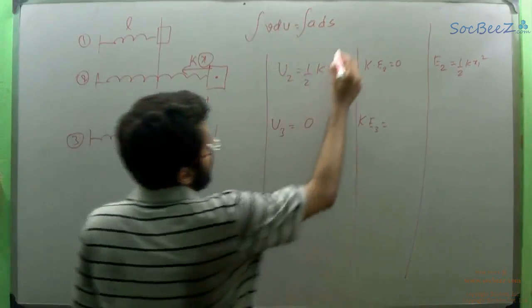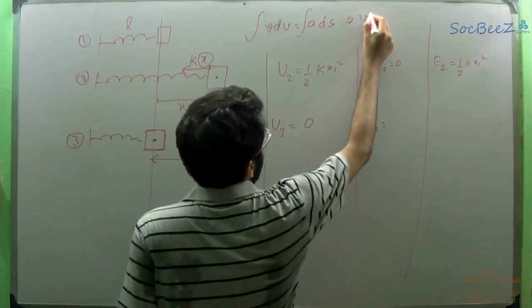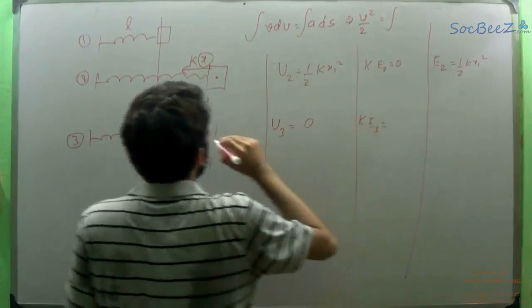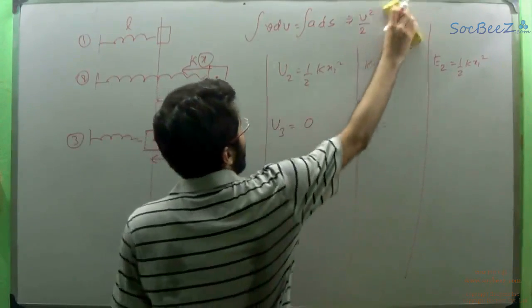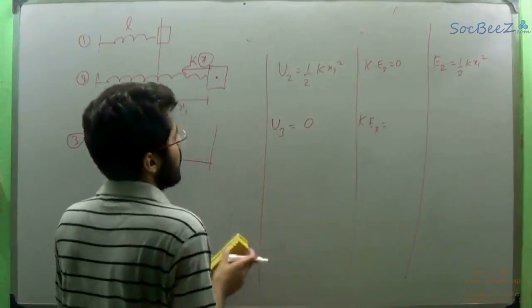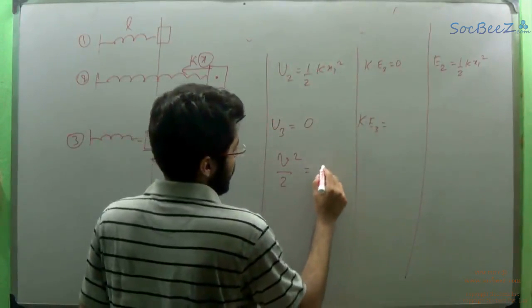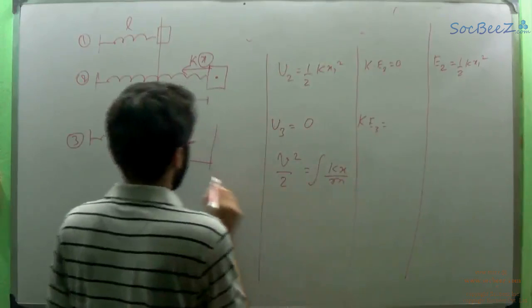So initial velocity is 0 at this point, so it will be just v square by 2. And what is a? A is not constant, so it cannot be taken out of this integration sign. So it will be v square by 2. Integration of a. A is kx by m at any point of time.